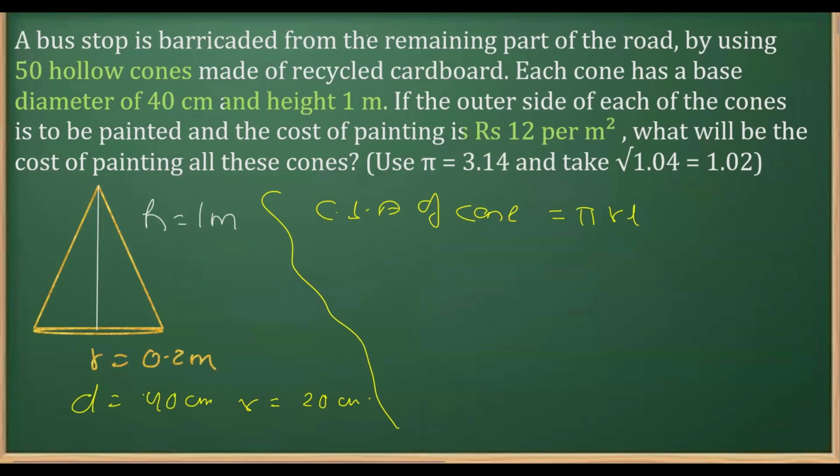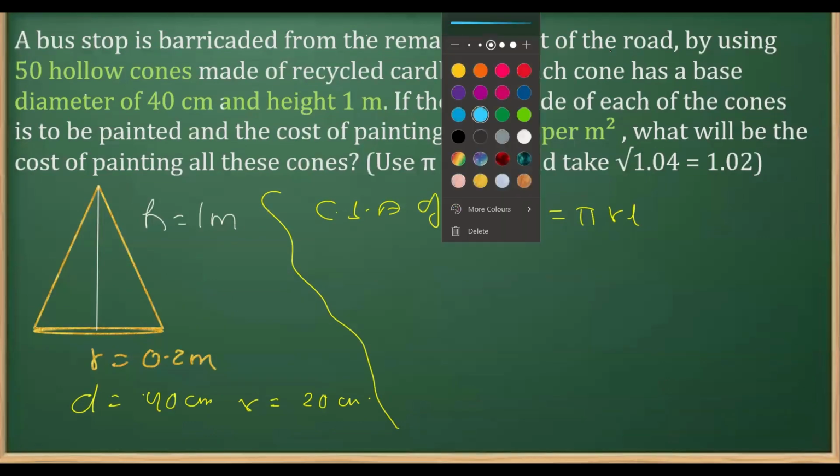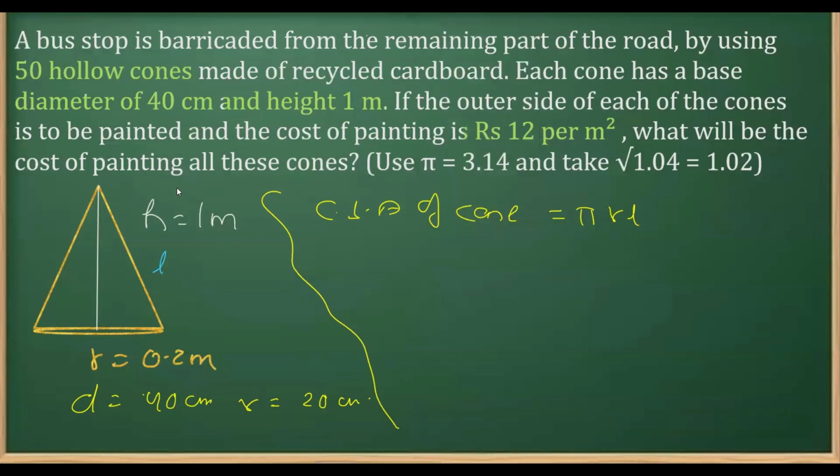So what is the relation here? That is L square is equal to R square plus H square. L is what we have to get. The radius I can say 0.2 meters, and I should place a whole square. And then H, which is 1 here. So that is 1 square.